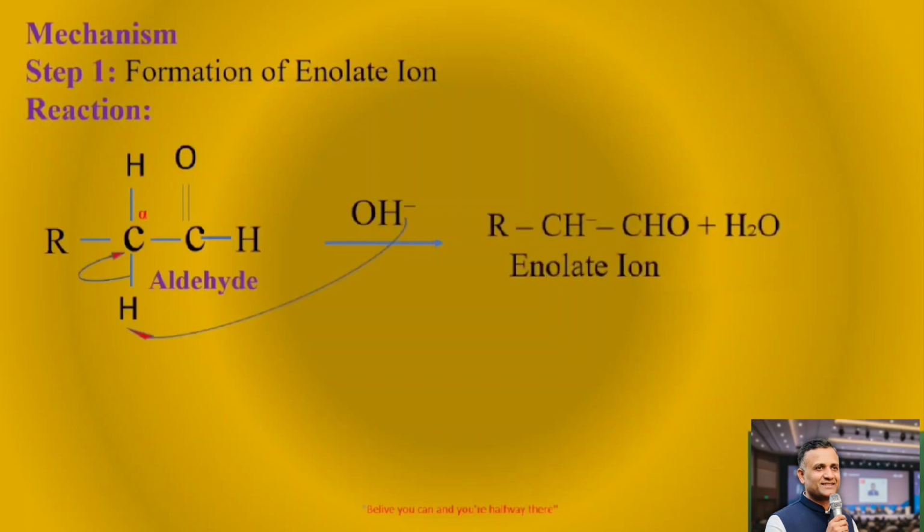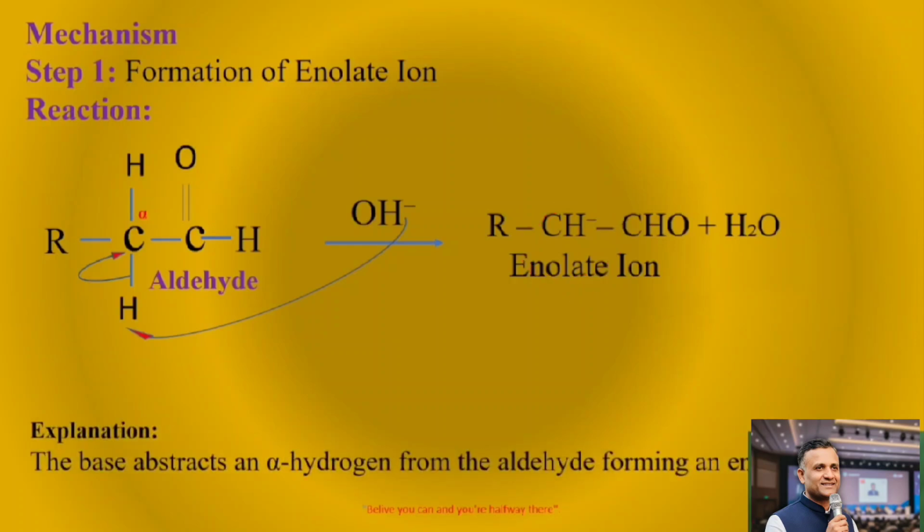The carbanion is now stabilized by the resonance. Here, a hydroxy group abstracts the alpha hydrogen atom from the alpha carbon and the electron is shifted towards the carbon. Then a carbon bearing a negative charge is called as an enolate ion. This enolate ion is stabilized by the resonance.